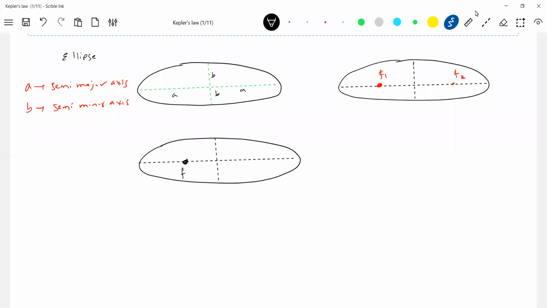It will be easier. So this distance from the near point, we'll call it R1, and let this distance be R2. Okay, fine. Let this be AE, where E is called eccentricity.